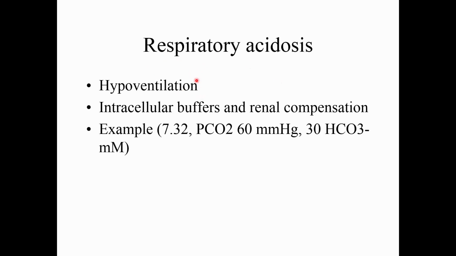However, this person comes into the emergency room and the emergency room staff can help the person breathe. You would put them on a ventilator. But a ventilator would be a medical compensation and is not a physiologic compensation. And we can talk about that more in class. So let's look at this pH. pH is 7.32. That is acidosis.